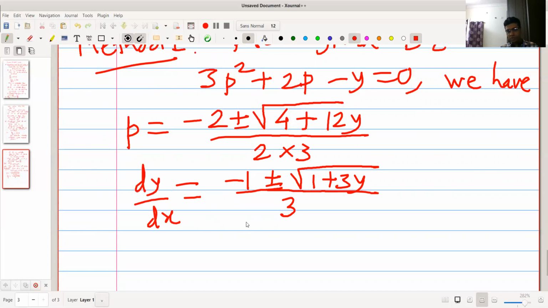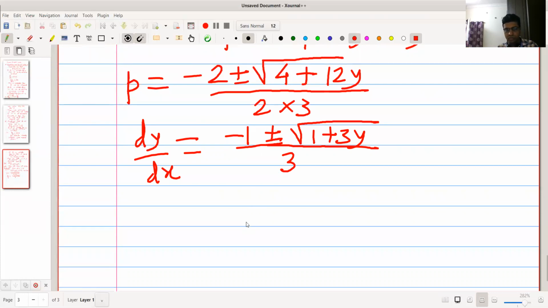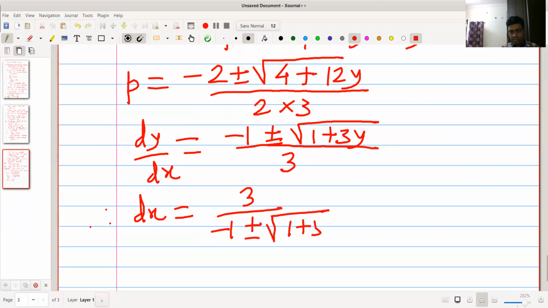So we can convert it to a separable equation. We multiply by dx so that we get dx equal to 3 divided by minus 1 plus minus square root 1 plus 3y dy. And we can integrate this.